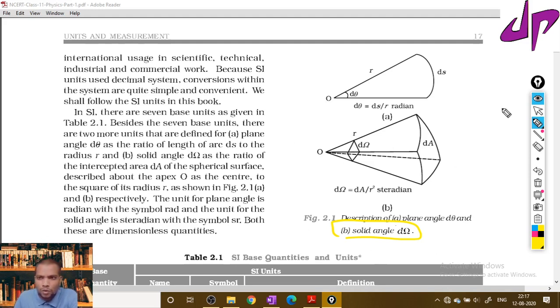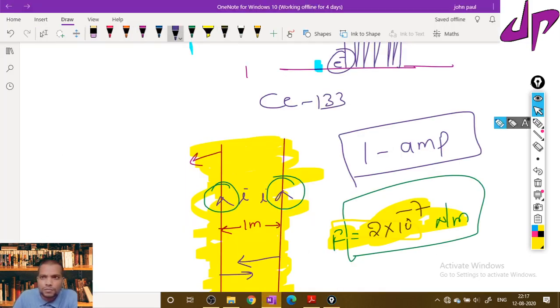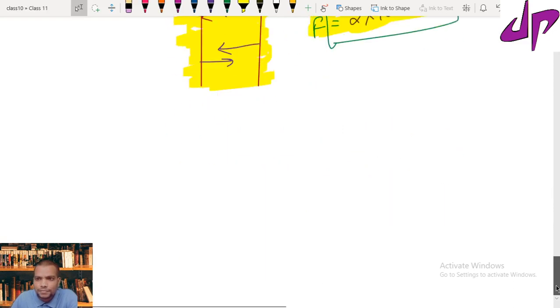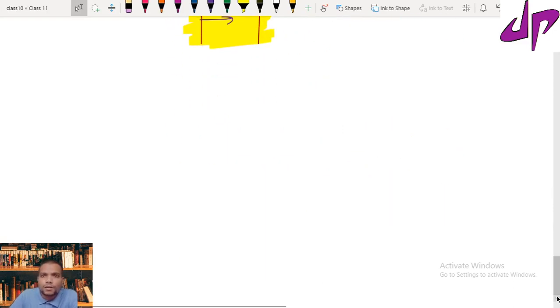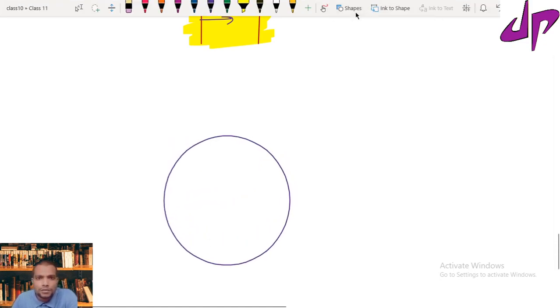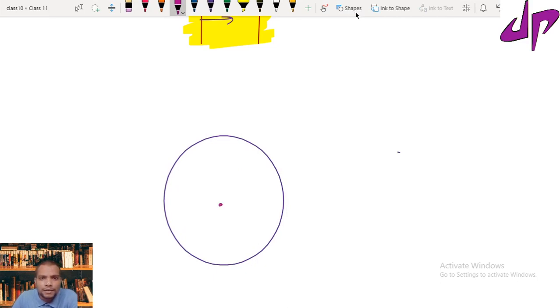This angle we already know. Suppose how you define an angle. Suppose I draw a circle, having a radius r.